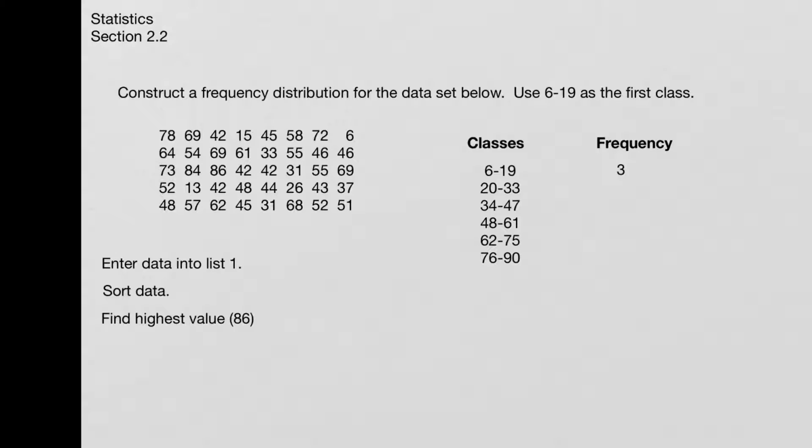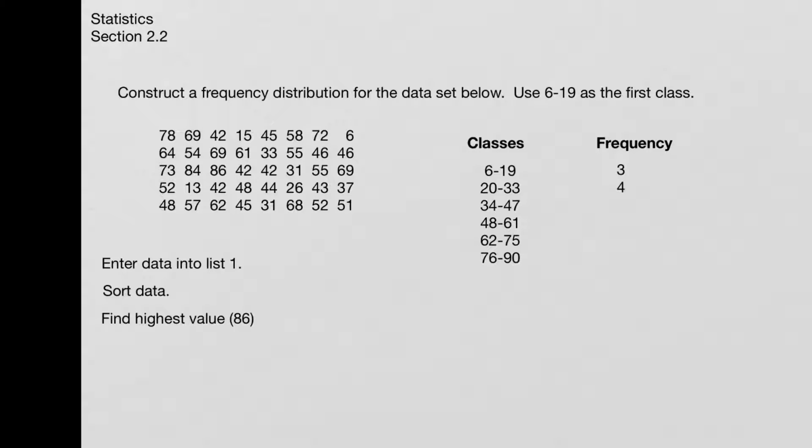So I'm looking back to my computer here now, since I don't have the whole list on the screen here. All right, so we've got 26, 31, 31, and 33. So that's 4 values. And then my next group is 34 to 47.